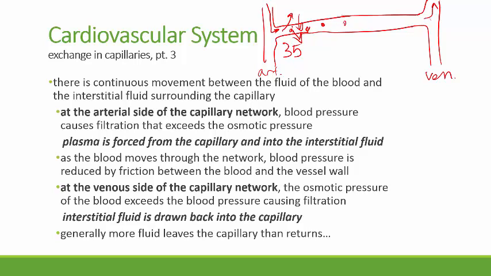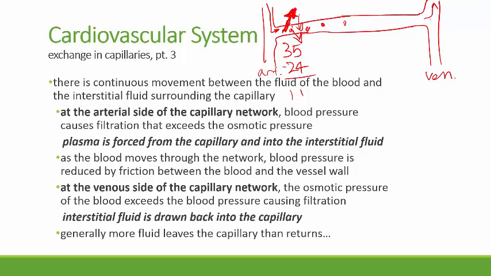So we've got a pressure out of 35 millimeters mercury, a pressure inward of 24 millimeters mercury. So we have to do a little subtraction problem. And what we see is that overall, we have about 11 millimeters mercury force pushing blood plasma out of the capillaries on the arterial side.